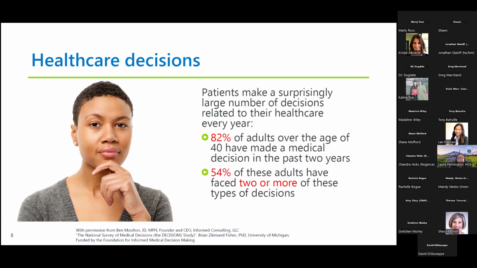Especially based on your age, as we tend to get older, obviously there are more decisions we need to make. And 54% of those adults have faced 2 or more of these types of decisions, potentially at one time or not. So next slide, please.